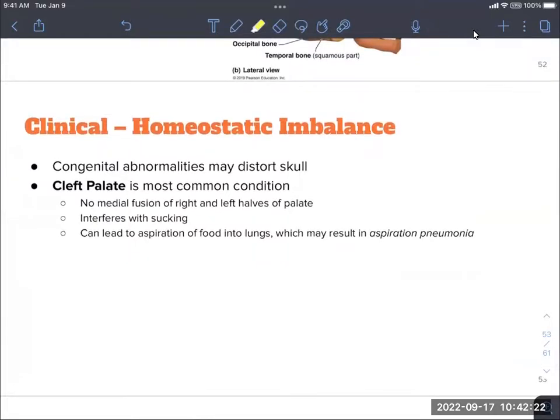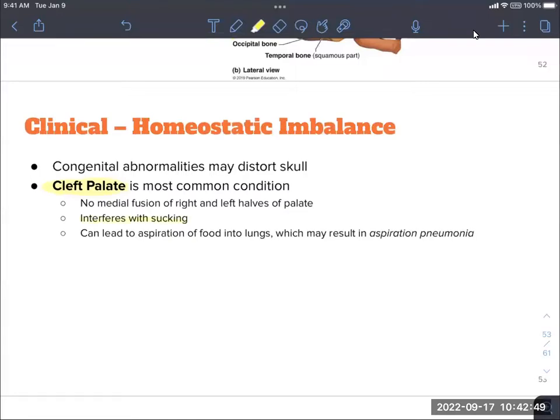So when the skull is developing, there can actually be some distortions or abnormalities to the skull. The most common one is called a cleft palate. Those maxillary bones don't fuse in the middle where they should, and it leaves a part that's open.